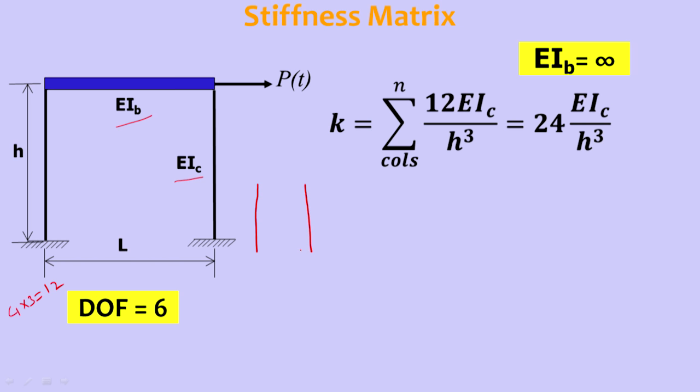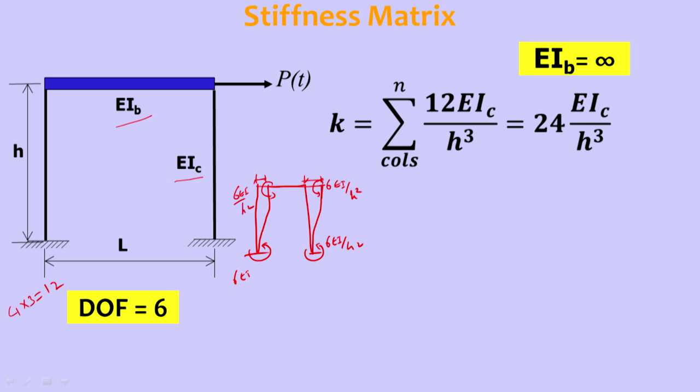It behaves like this. So this is 1 unit displacement, 1 unit displacement. So this will be 6 EI by h square, here 6 EI by h square, here 6 EI by h square.